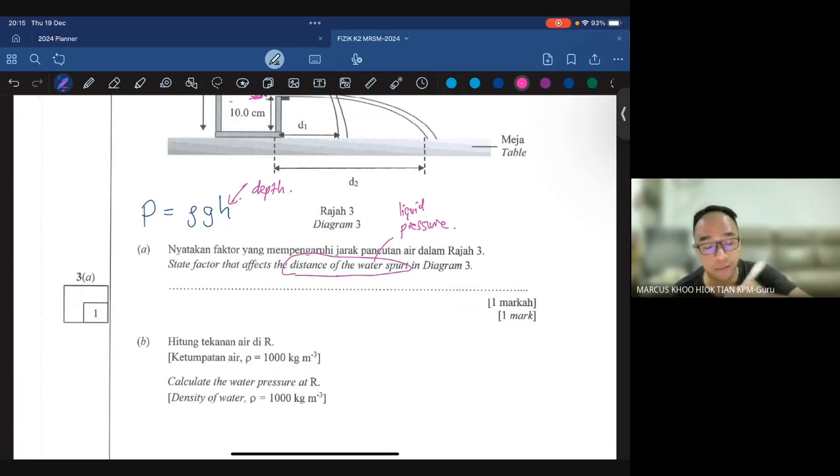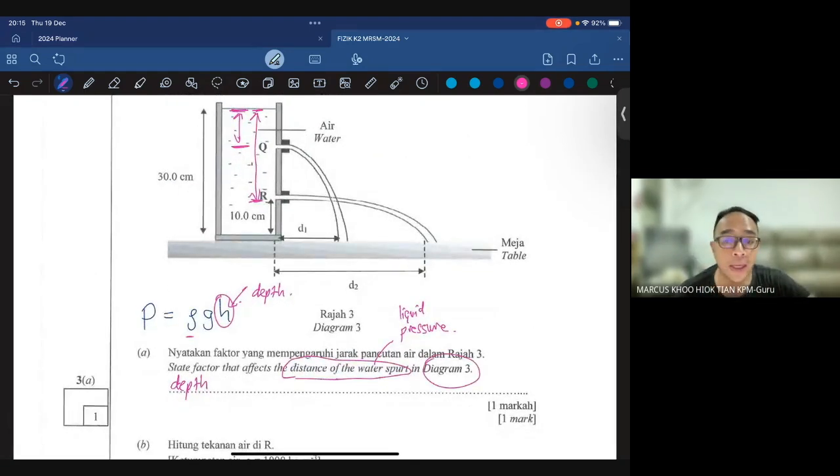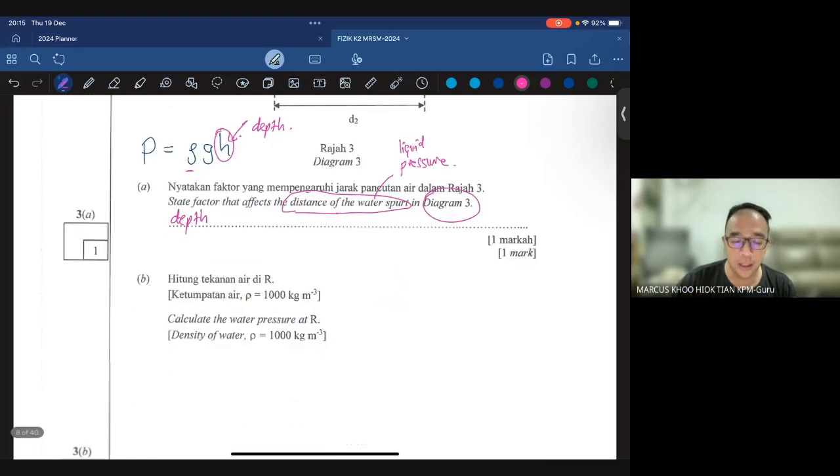So it is affected by two things. One is the depth, and of course the other one is also the density. But listen, the question says in diagram 3. In diagram 3, the one that is changing is the depth. You're still using the same water. It's not like one is oil and one is water, then the factor is density, ketumpatan. But in this case, the question is very clear.